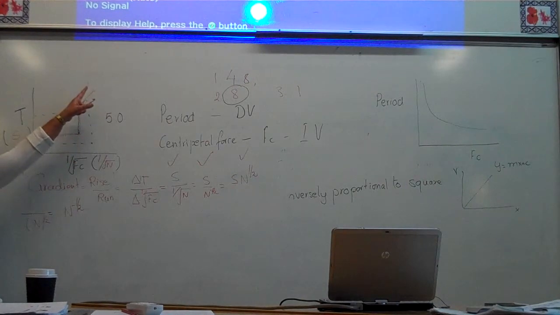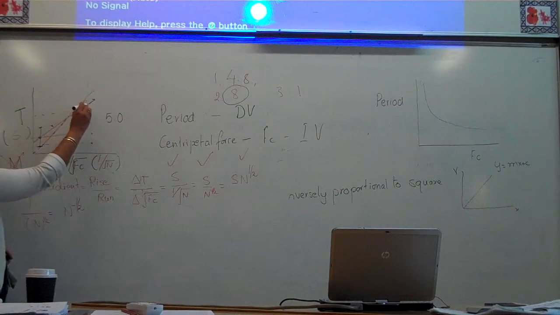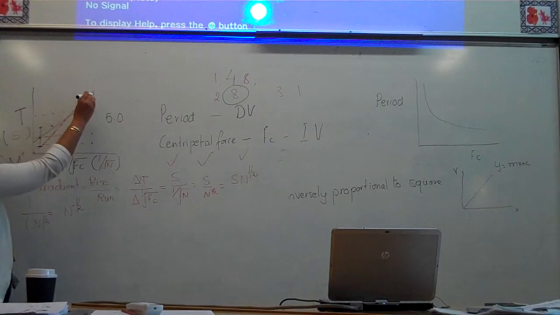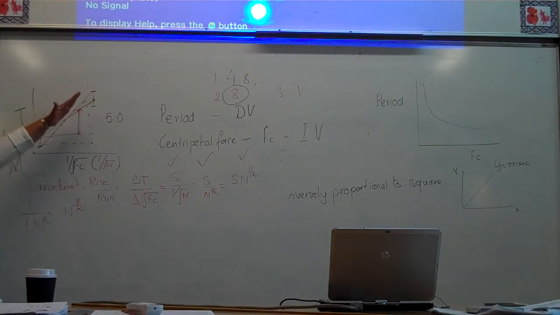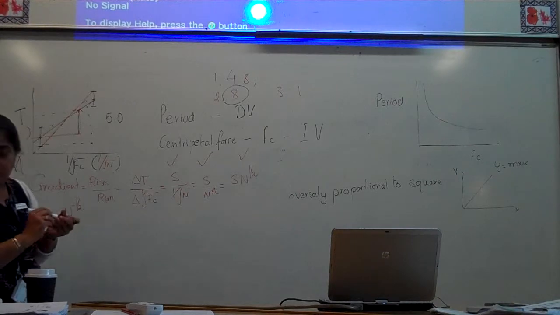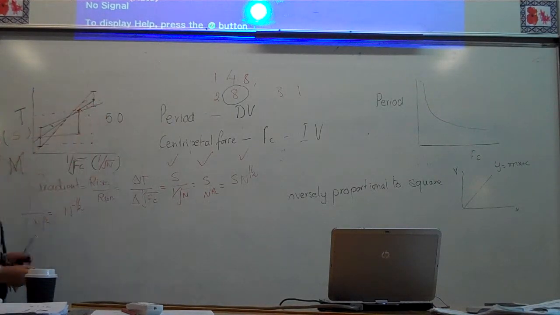This is the maximum error line, going from the bottom vertical bar to the top vertical bar. But if your line was from this to this end, then it was a minimum error line. The gradient would be less than 5. Remember that.